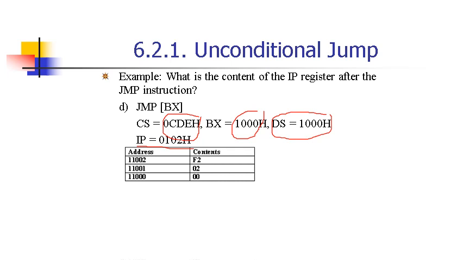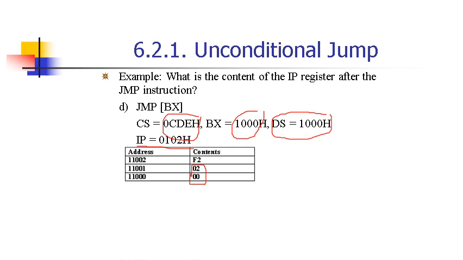You have to go to DS, get the value, which is 1000, multiply it by 10, and add to it whatever value is written inside your BX. When you add this, you get the physical address, which is 11,000. The third entry in your table, 11,000. So this is the lowest address. Okay, so you go there and get 16 bits, low and low, high and high, following little endian format.